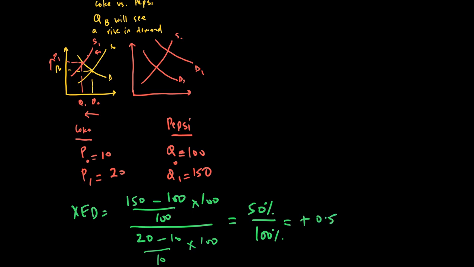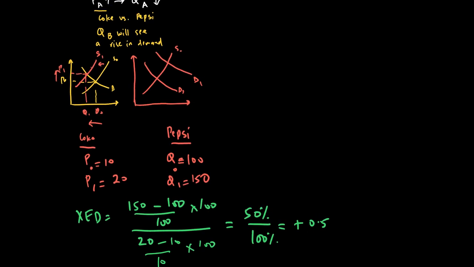So this plus means that when the price of Coke goes up from 10 to 20, the demand for Pepsi goes up from 100 to 150, leading to a positive relationship between the price of one good and the demand of another good. So that's why XED for substitutes will be positive.